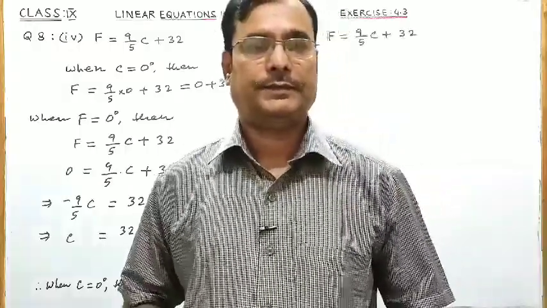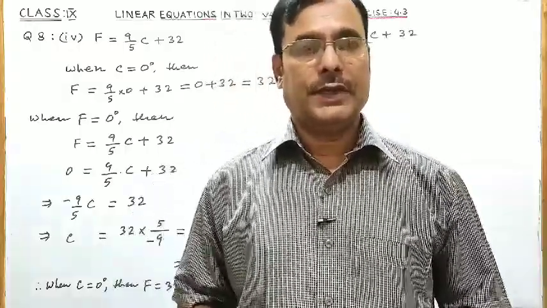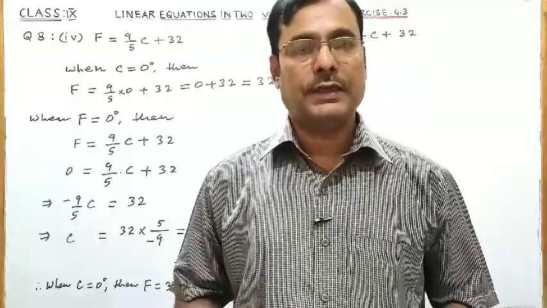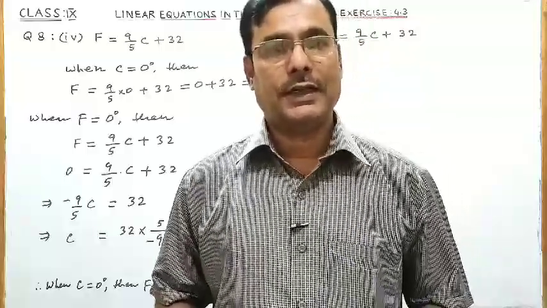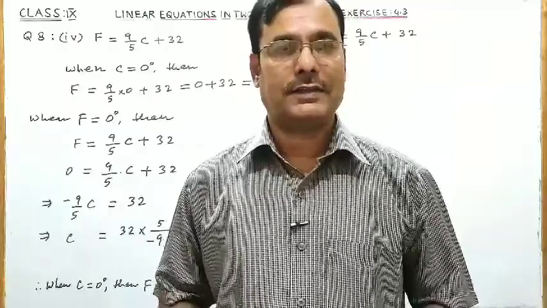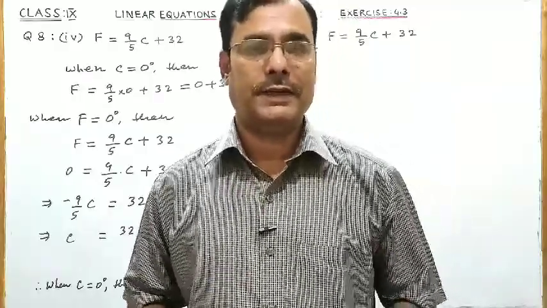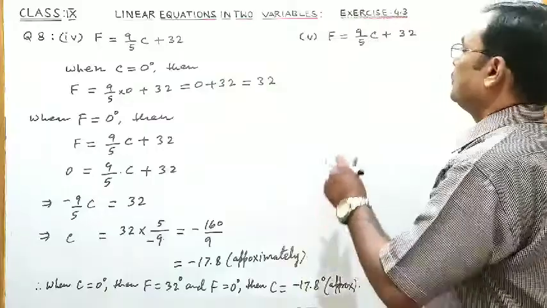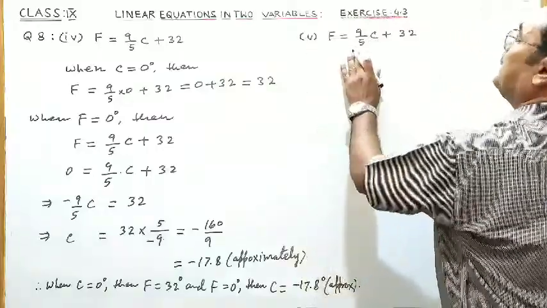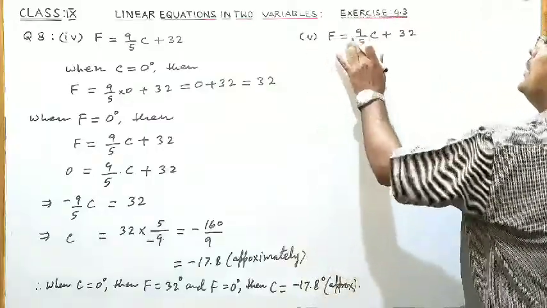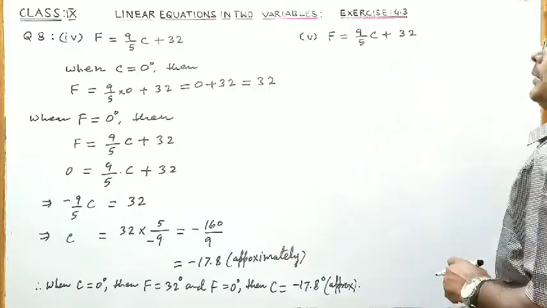Fifth part, is there a temperature which is numerically the same in Fahrenheit and in Celsius? If yes, find it. So in fifth part it is given that F equal to 9 by 5 into C plus 32.